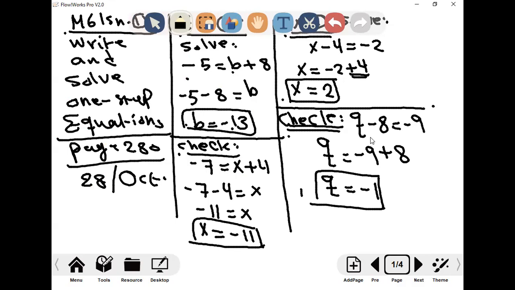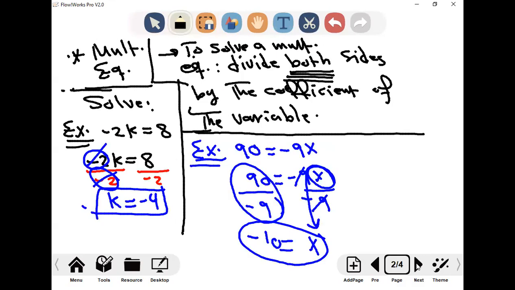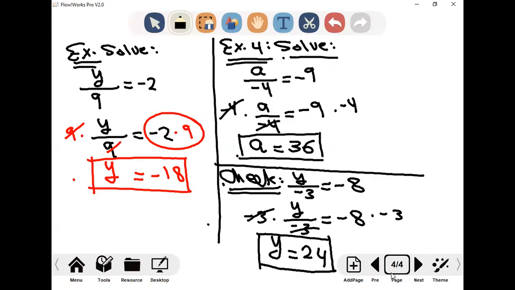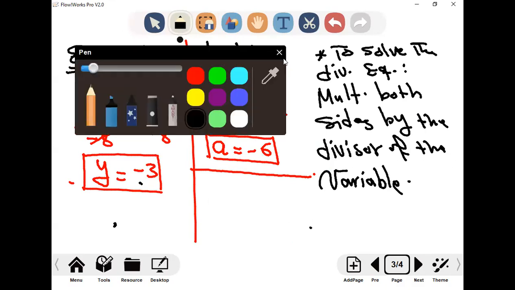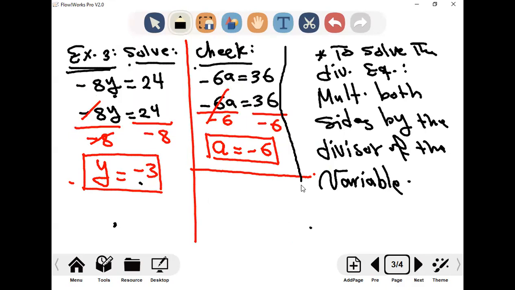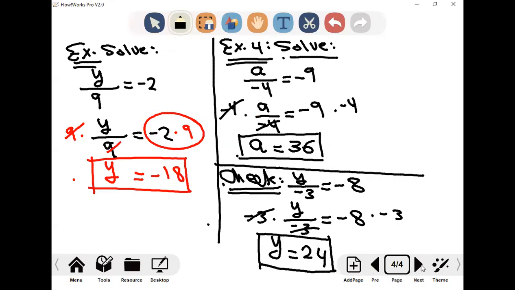In subtraction, we shift the number, it will be addition. In multiplication, we divide both sides by the coefficient of the variable. In division, we multiply both sides by the divisor of the variable, okay? Agreed?